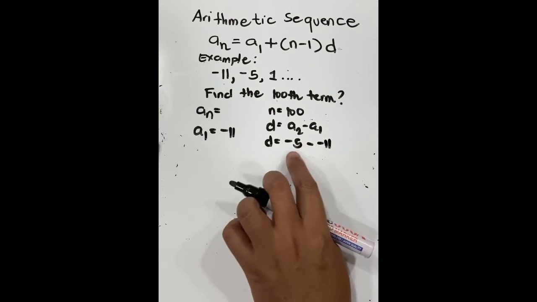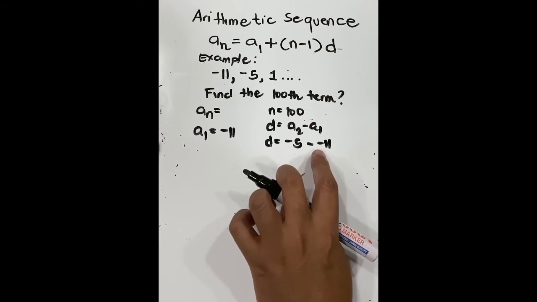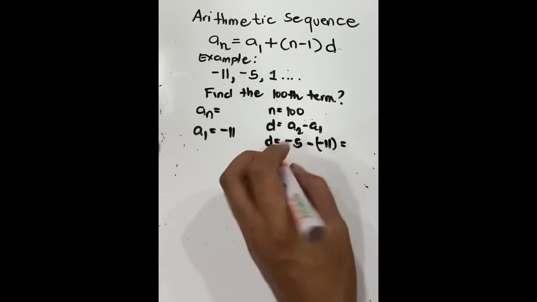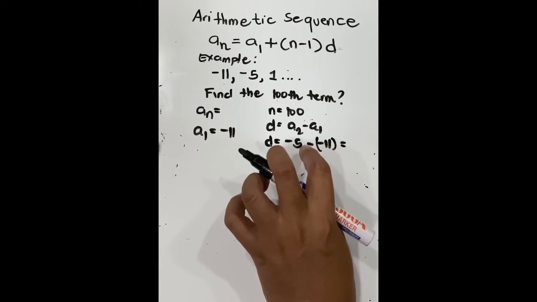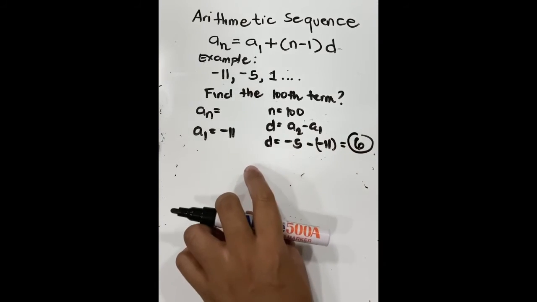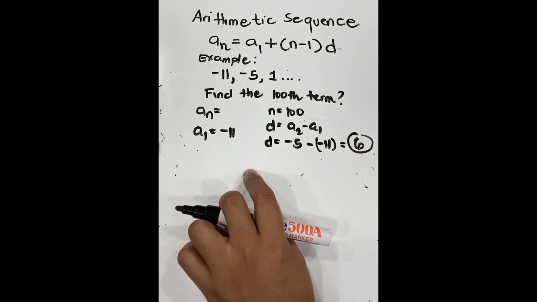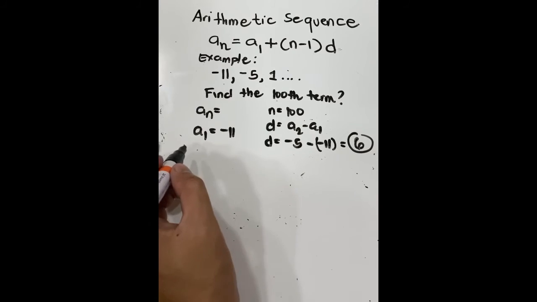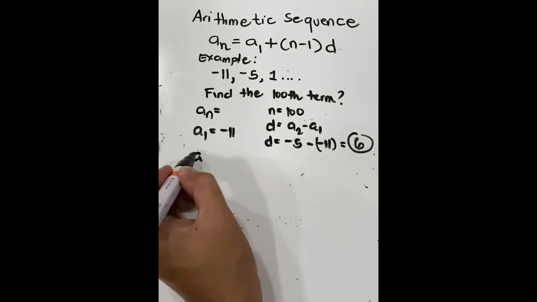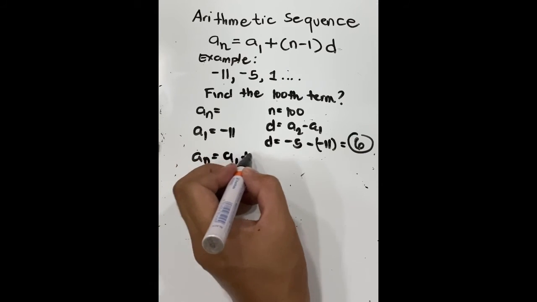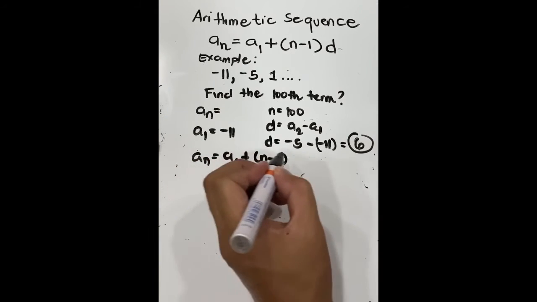So as you can see, gagamitin mo yung skill na natutunan mo dito in subtracting integers. So what is the answer there? So negative 5 minus negative 11, that is positive 6. Okay? Since kompleto na natin lahat ng information, pwede na natin gamitin yung ating formula. So a sub n is equal to a sub 1 plus n minus 1 d.